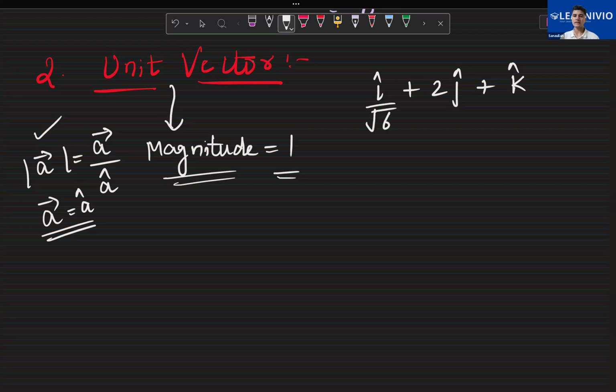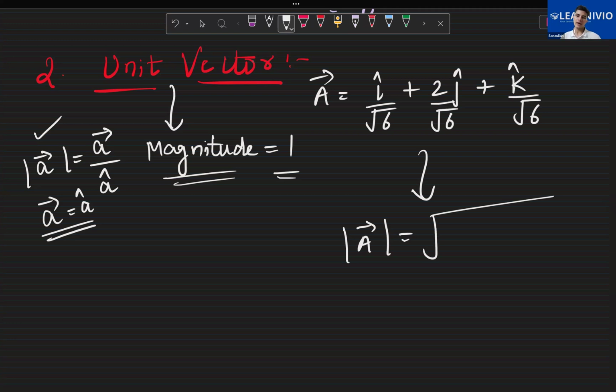Under root of 6. So when you find the magnitude of this vector, let's say this is your a vector, what are you going to have? You have 1 square upon under root 6 whole square, and 2 square, that is 4 upon 6, 1 upon 6. When you simplify this, you are going to have 1.